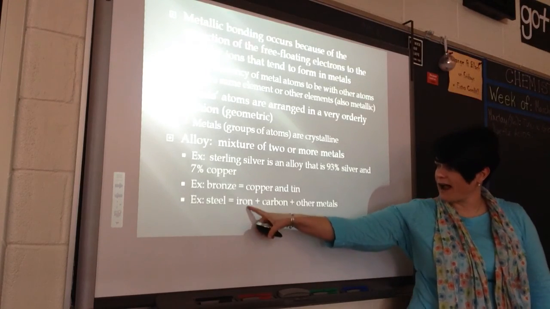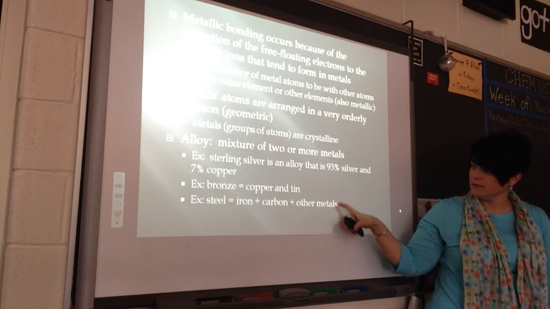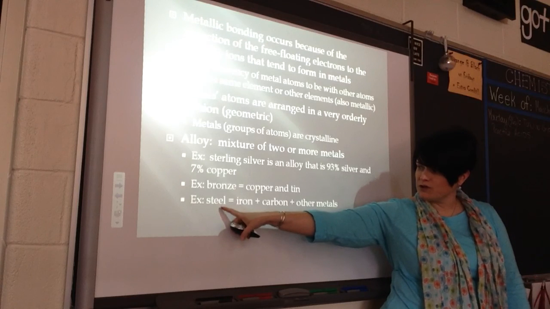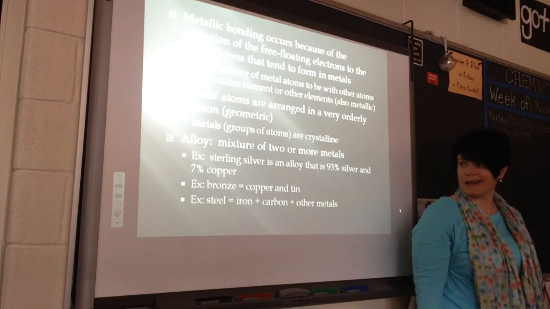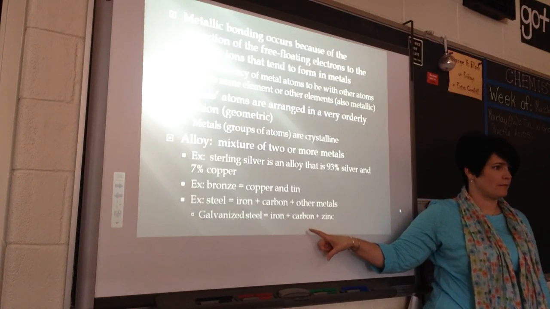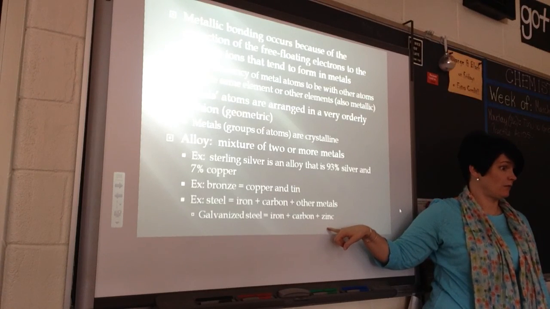Steel is a mixture of iron and carbon and some other metals. What do we know about galvanized steel? It's got zinc in it. So galvanized steel is iron and carbon and zinc, specifically.